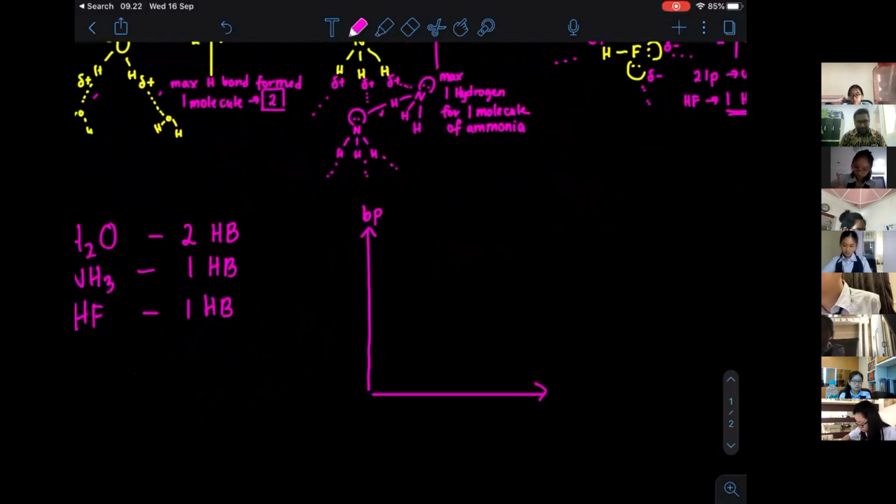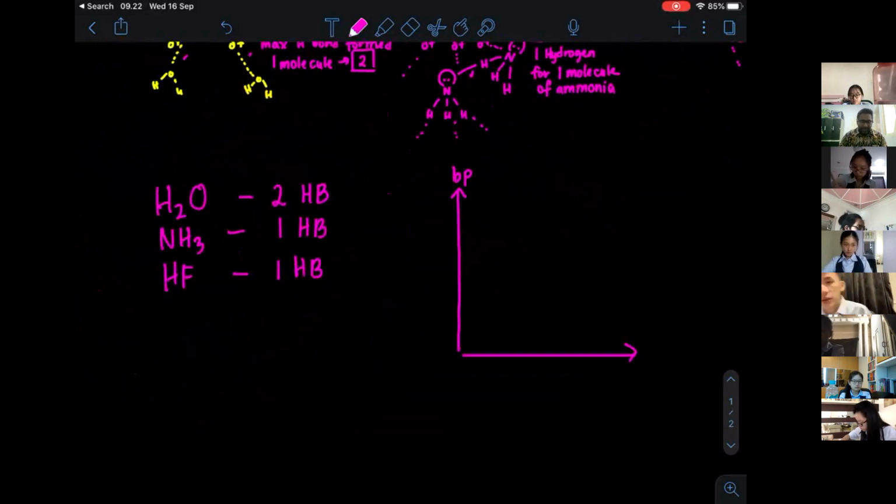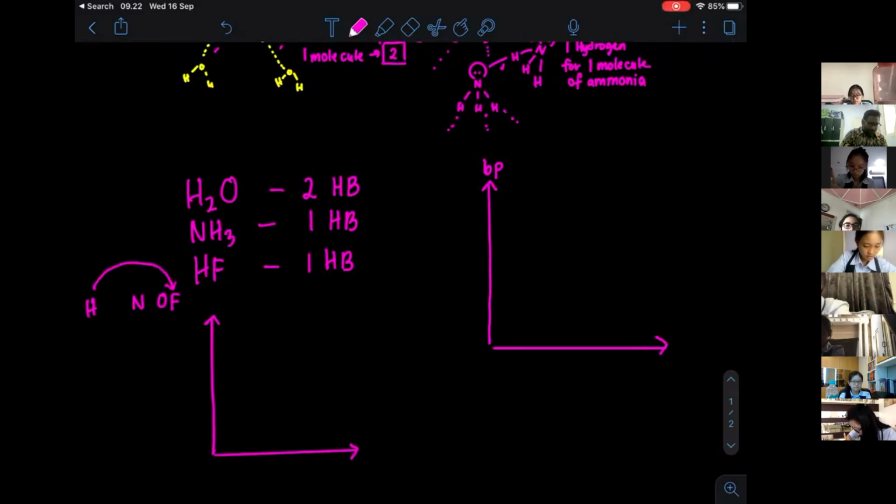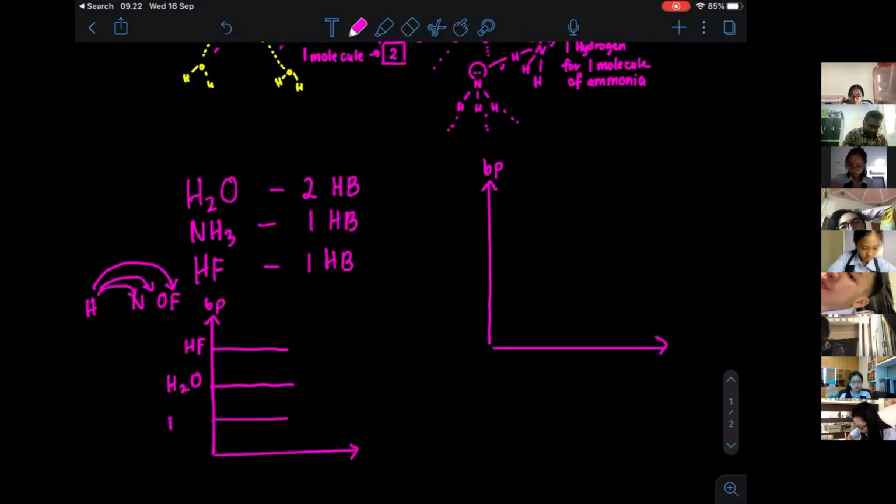If you look at the electronegativity, we do expect H bonded to N, O, F, that H bonded to F should be higher. And then H bonded to O, we expect H2O to be here. And then a little bit lower, maybe ammonia will be here.